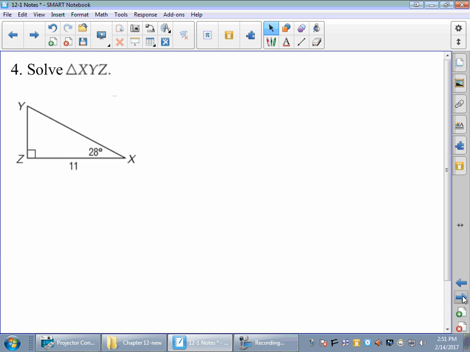In example 4 here, they're asking us to solve the triangle. To solve the triangle means to find all the missing parts. What's missing here is this angle, angle y. I'm missing side x, and I'm missing side little z, or the hypotenuse.